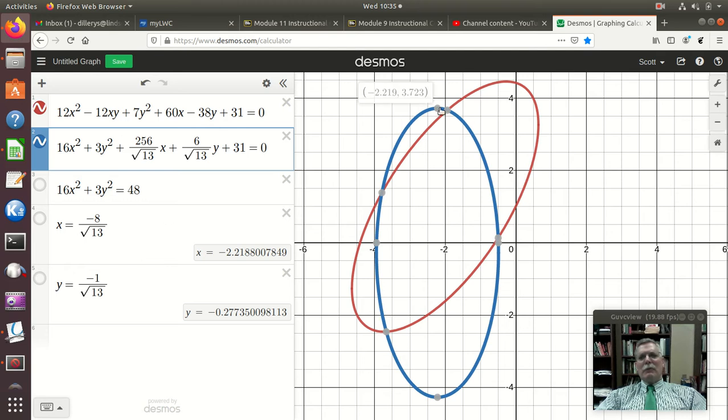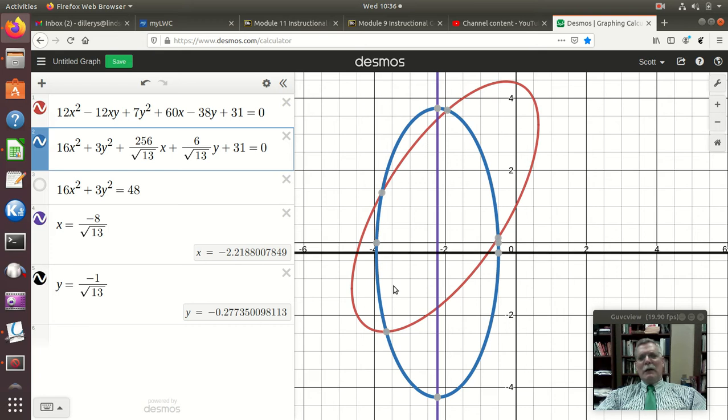So that was a very good estimate there. And here, when I check where the denominator of y prime is 0, I get y equals negative 1 over the square root of 13, and so that's this number. And if I plot x equal that, you see it does look like it's going right through the middle there.